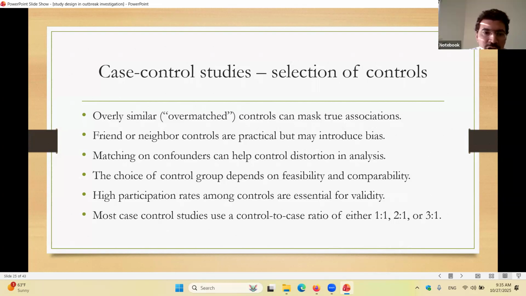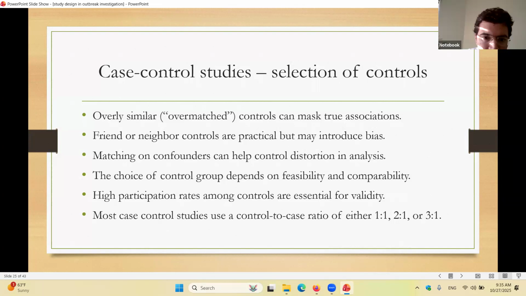And the only suitable type of matching is matching based on confounders, based on the variables that have the role of confounding. And so when you match the demographic information in two groups, consider that the variables should be confounders.